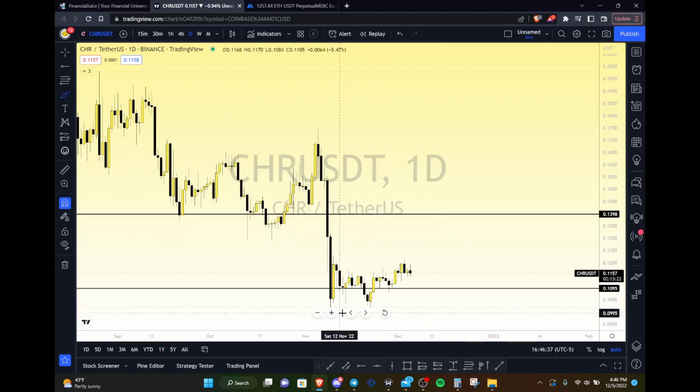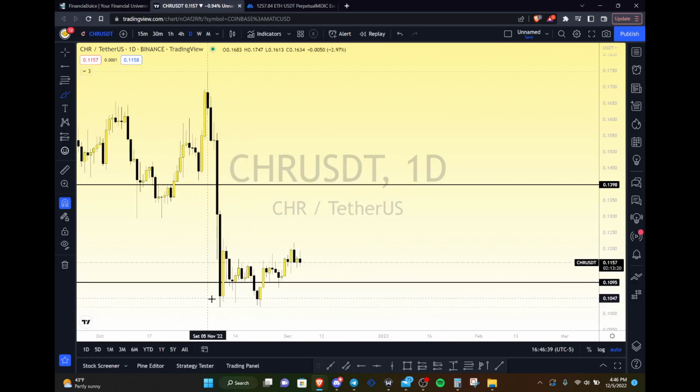What I will say to this is, this could be a bear flag structure, but I'm going to tell you, and this is not just specifically to CHR, I'm watching a lot of these coins. I am running a swing trade service, so I'm always watching a lot of coins. And a lot of these coins have this structure, and the longer we trade like this, the less likely it becomes a flag.